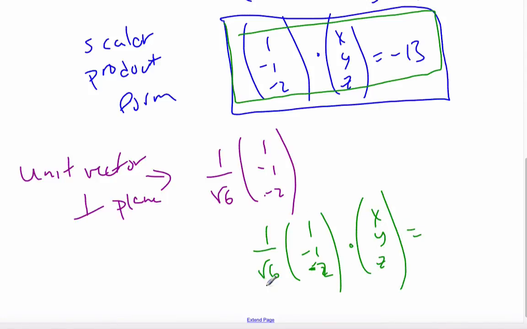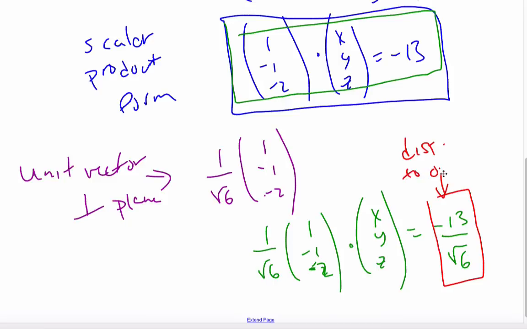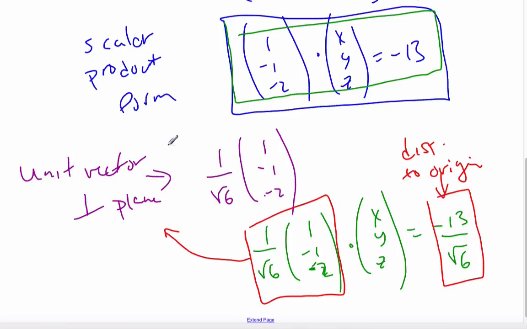If I multiply the left-hand side of the equation by 1 over root 6, I must multiply the right-hand side of the equation too. And so now what I've determined is that this is the distance to origin, because this is a unit vector. So that's how we can use the unit vector and the distance to the origin.